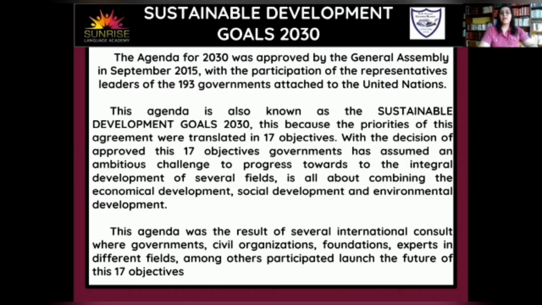Well, this agenda was the result of several international governments, civil organizations, foundations, experts in different fields, among others, who participated to launch the future of these 17 objectives.